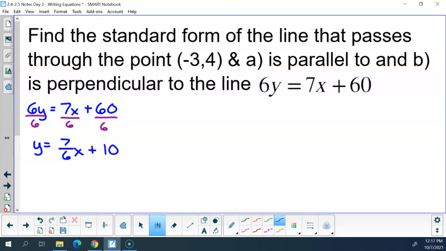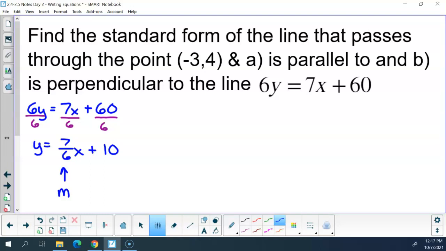So what does that do for us now? It gives us the slope of the line we were given. And what is that slope? It's 7 over 6. Now what? Since B is perpendicular and A is parallel to this line, which one do you want to do first?